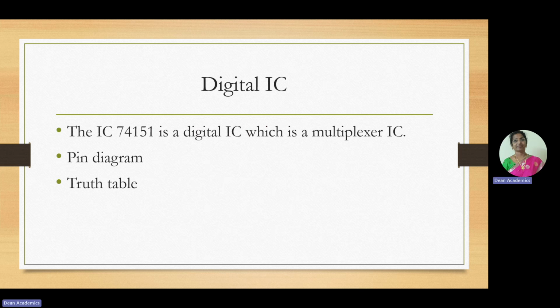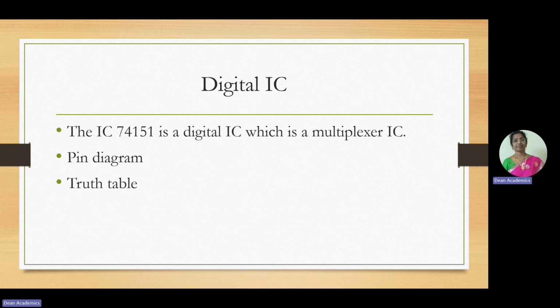A digital IC is available in the market. So many ICs are available, and here we are considering the IC 74151, which is a digital IC and which is a multiplexer IC, and it is a 8-to-1 multiplexer.